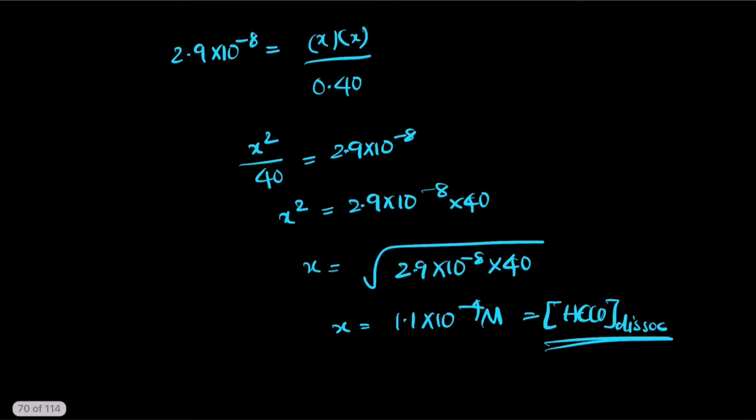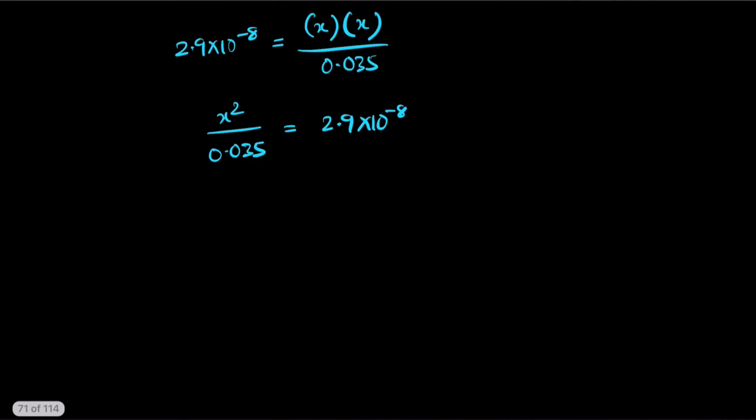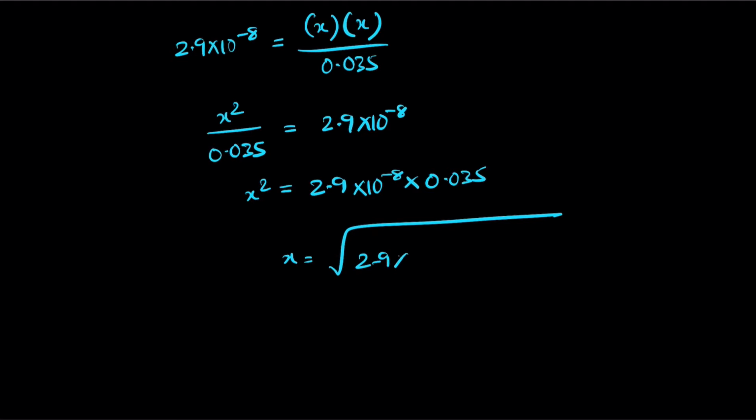I'm really sorry, this is 0.40. So X squared becomes 2.9 times 10 to the power negative 8 times 0.035. X becomes the square root of 2.9 times 10 to the power negative 8 times 0.035.